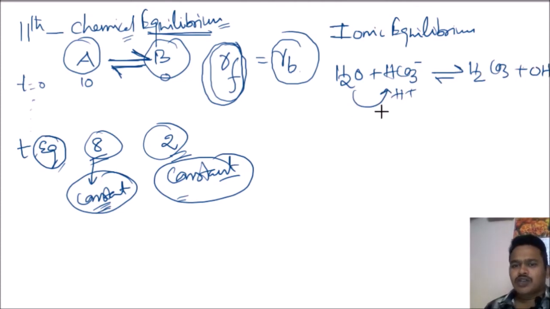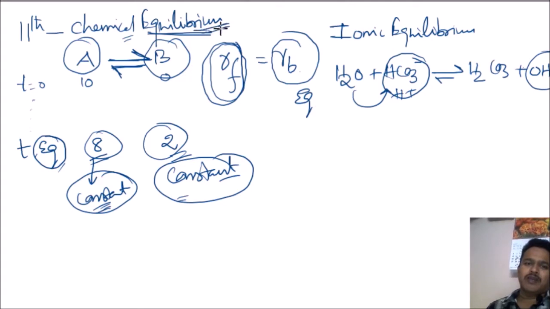This equation you are observing is also at an equilibrium state. Here ions are involved. The equilibrium definition and equilibrium state are all the same, but since some ions are involved, we can say it is an ionic equilibrium.